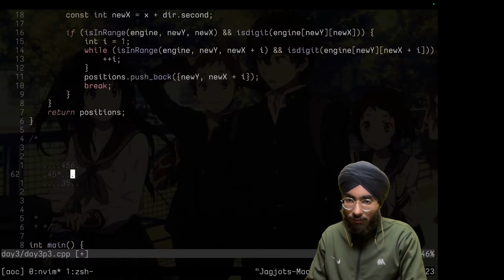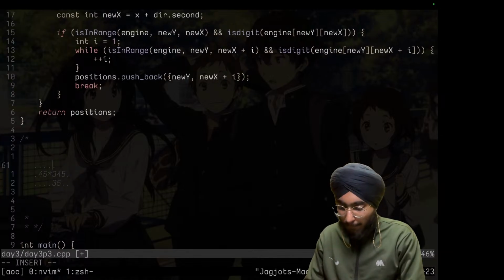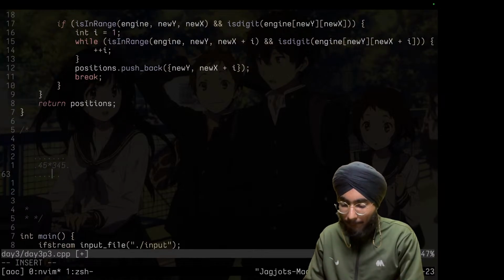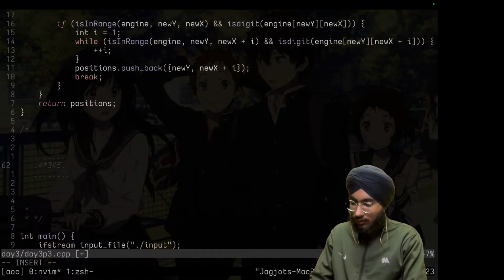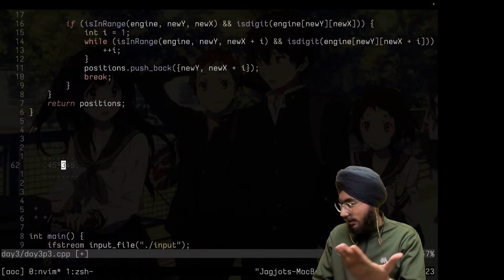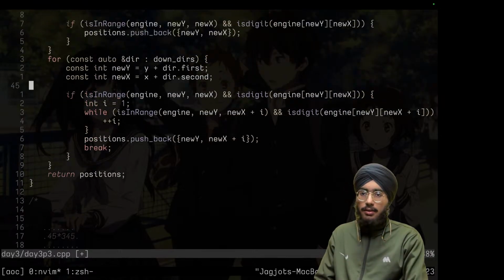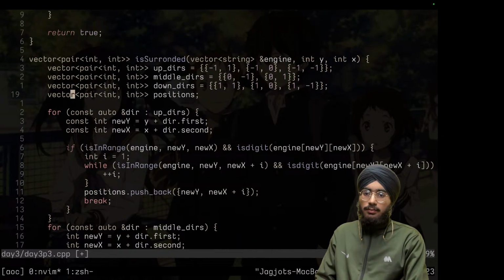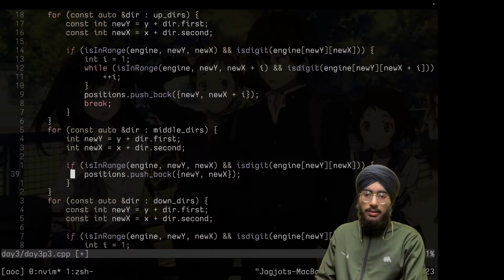Let's say it is 45. Okay, right? 45. Upper bound for this is correct, but upper bound for this, it's 3. No, it should be. We should also do that for middle part. Middle directories.